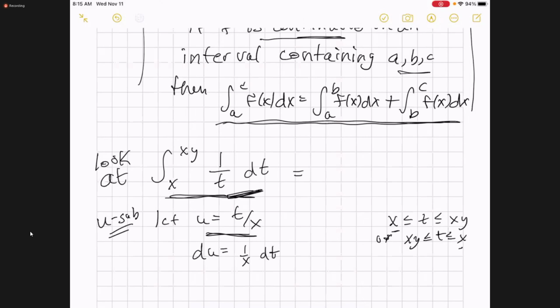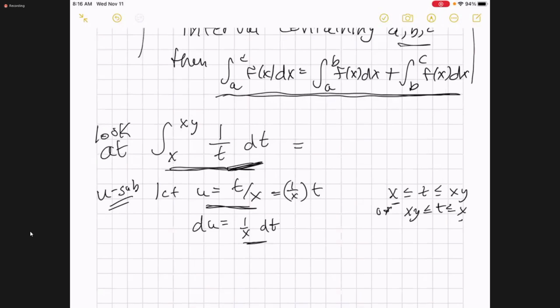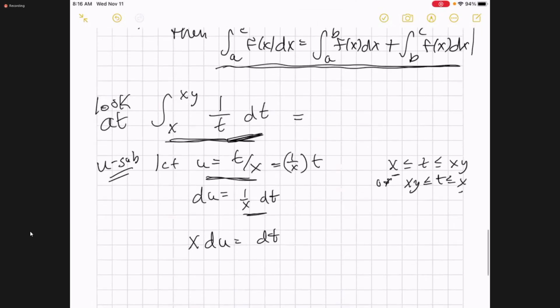This is really 1 over x constant times t, so the derivative just is 1 over x. So that means that x du is equal to dt.